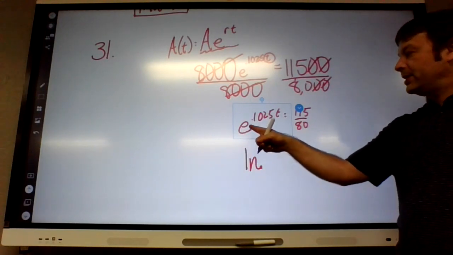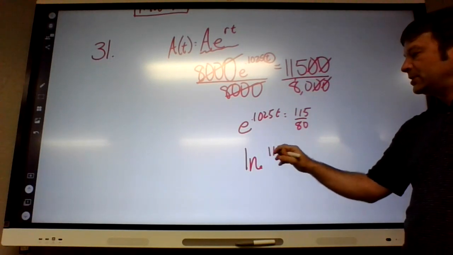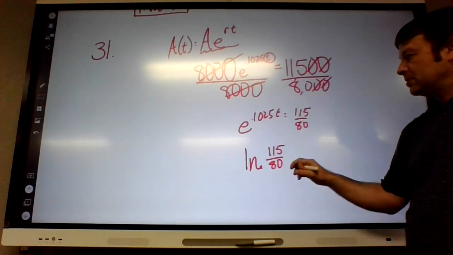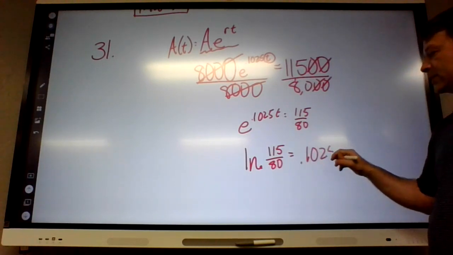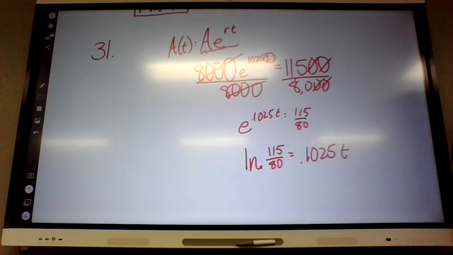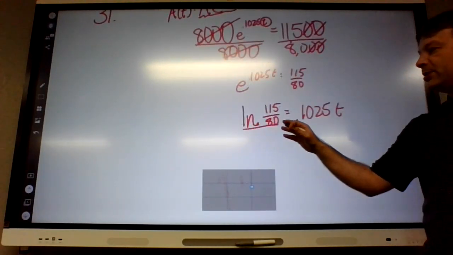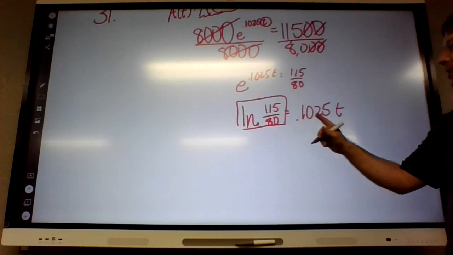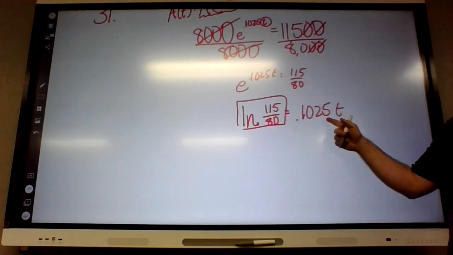Okay, so there's an invisible e down there. So that's that, and then we go over here, right? So it's 115 over 80 equals 0.1025 t. Okay, remember this is just some weird decimal over here that our calculator will tell us. But how am I going to have to finish this one off?